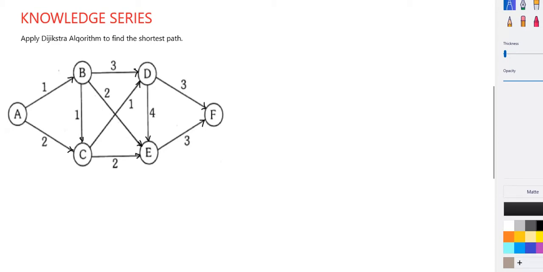So our network is ready. In this given network we consider A as our starting point. We will consider this is the starting point and this is the destination.